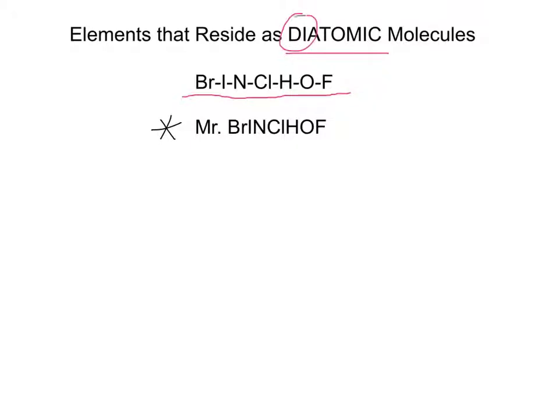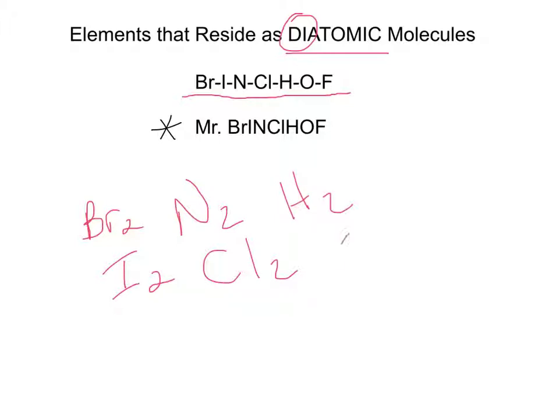Di meaning two, two atoms. So bromine by itself would always be written as Br2. Iodine by itself is I2. Nitrogen, N2. Chlorine, Cl2. Hydrogen gas, oxygen gas, that's why you call it O2, and fluorine gas.